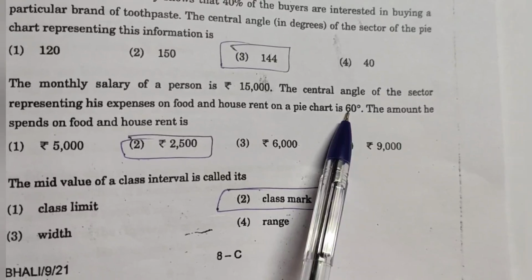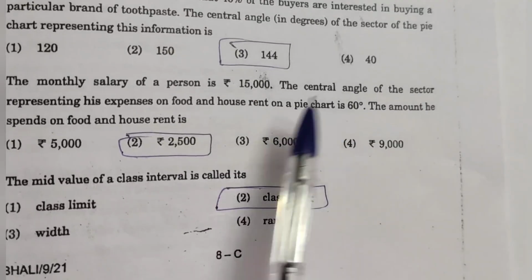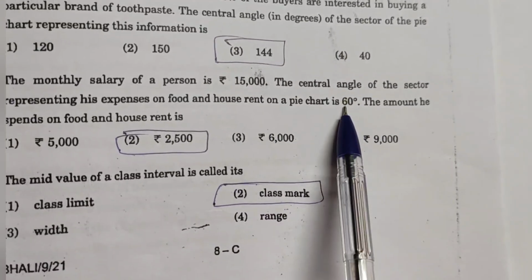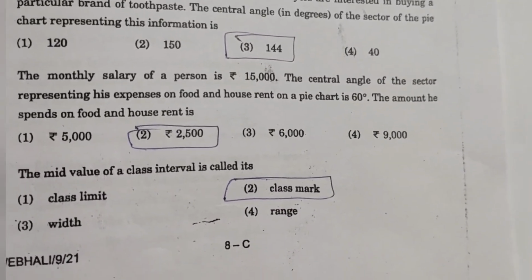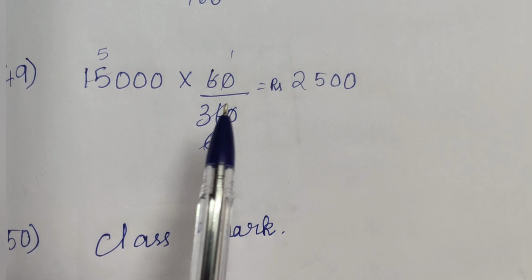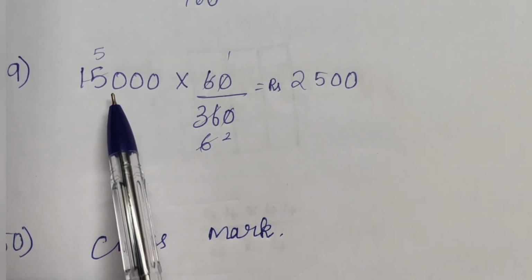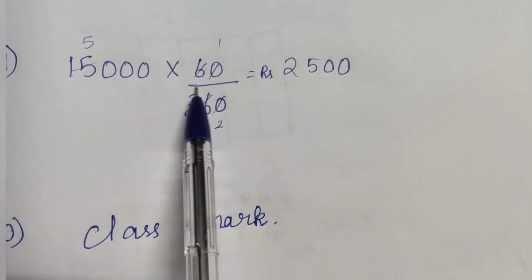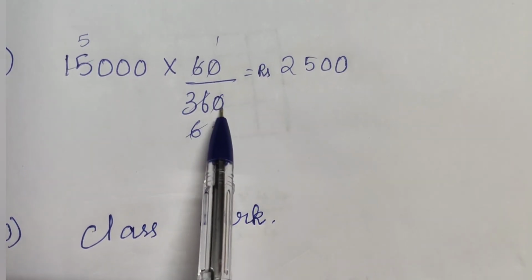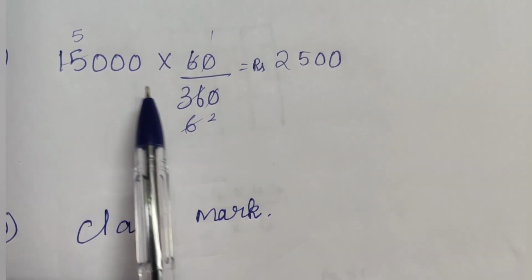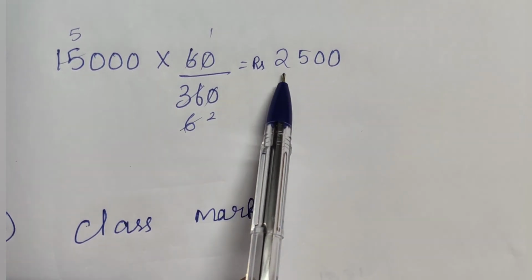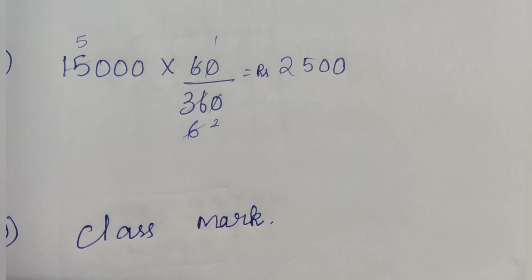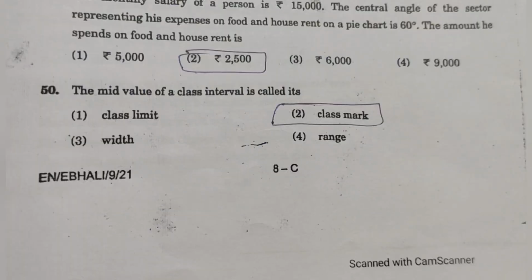So 15,000 into 60 out of 360. To find the amount spent on food and house rent, total income 15,000 into central angle 60 out of total central angle 360. So 1 by 6, 15,000 divided by 6 is rupees 2,500. So amount spent on food and house rent is 2,500.